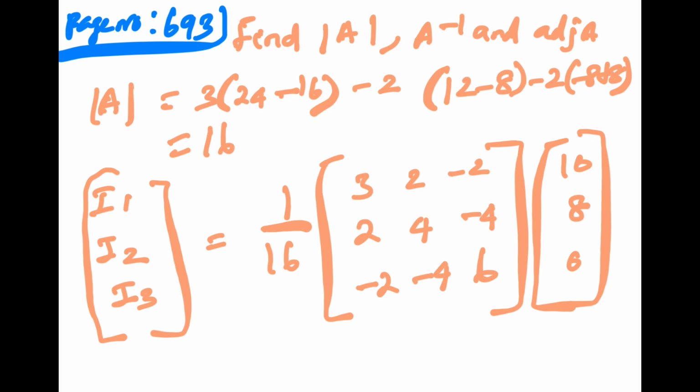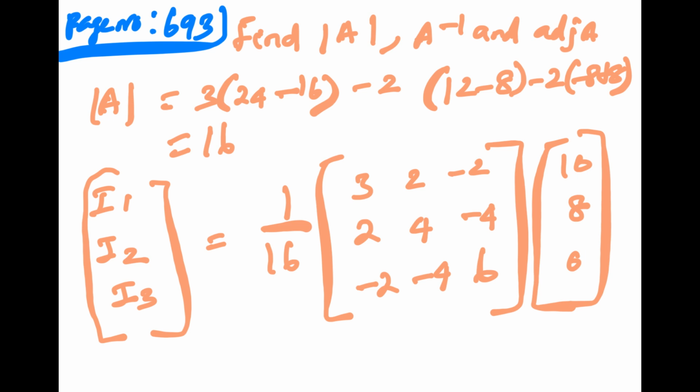From the three equations we form the matrix, the loop current matrix. Using mathematical functions we find the determinant of A and the cofactor matrix, and multiply by the voltage matrix to find the loop currents I1, I2, I3.